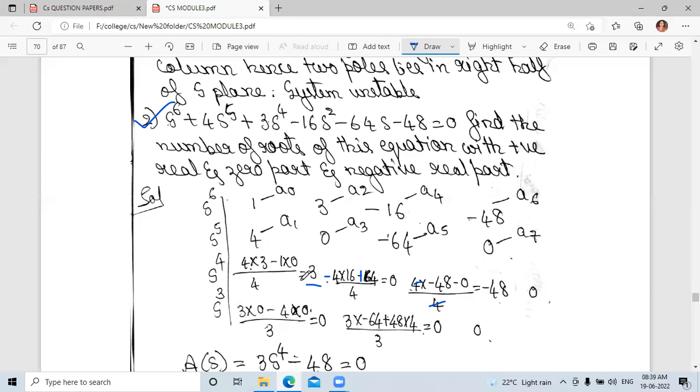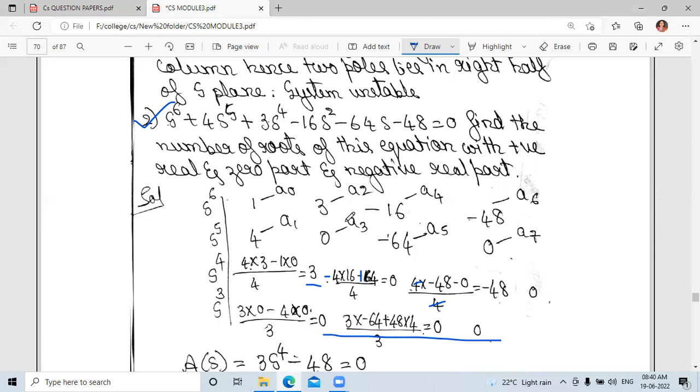Next, 3 into minus 64 minus of minus 48 into 4, divided by 3. You'll get 0 because 64 into 3 and 48 into 4 cancel. So here is the special case 2, where the overall row is 0.